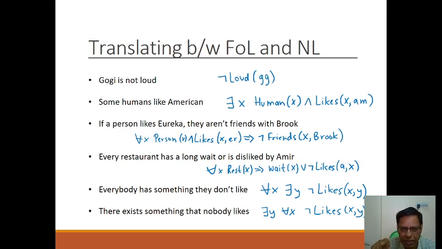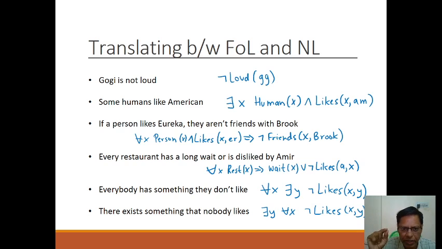This statement is converted into: for all persons X, not likes(X, Eureka) or not friends(X, Brook).